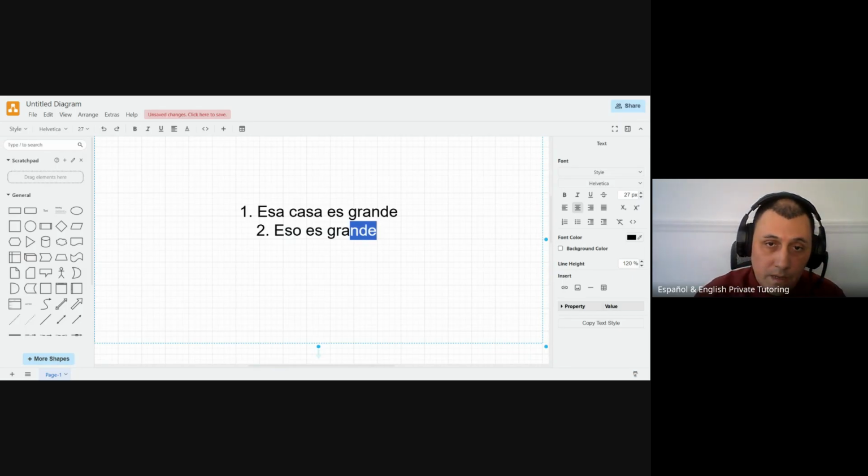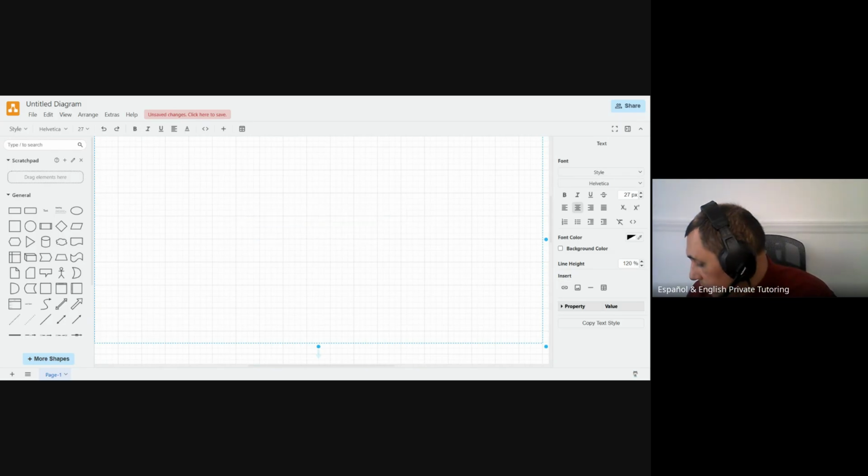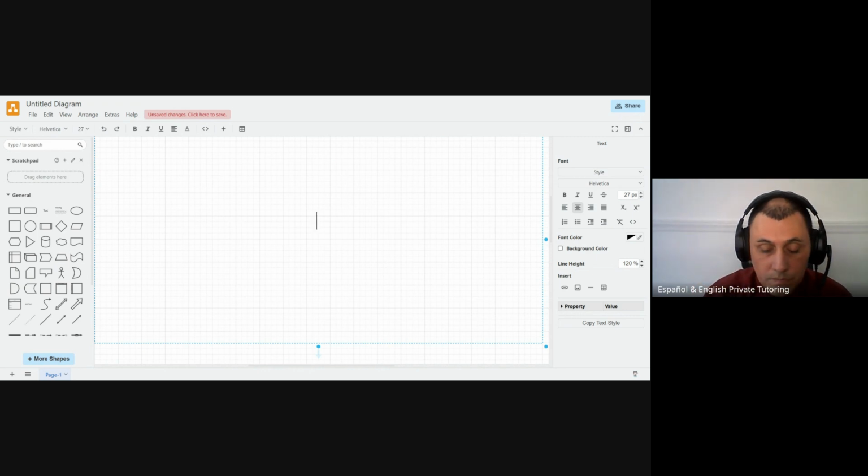Now, on the same page, the book talks about adjectives for nationality. It's going to give us an example. El restaurante español.